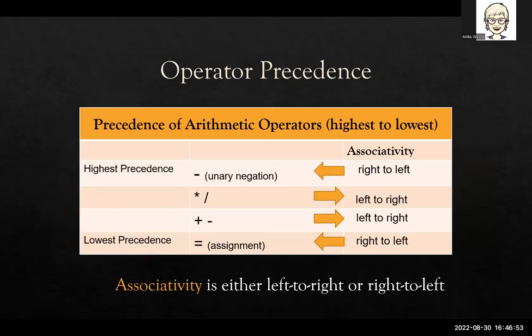Now, if two operators sharing an operand have the same precedence, they work according to something called associativity. A new term alert. Associativity means you work from left to right or right to left, as this table shows. So now we've added a whole other column. This one came from elementary school.